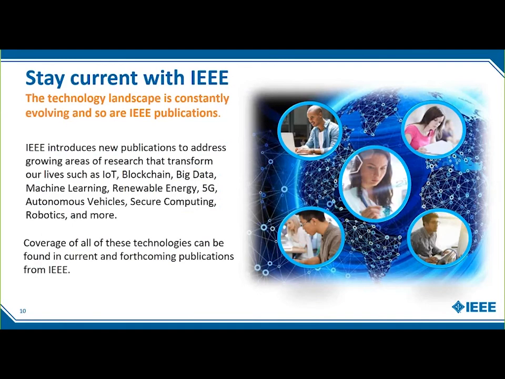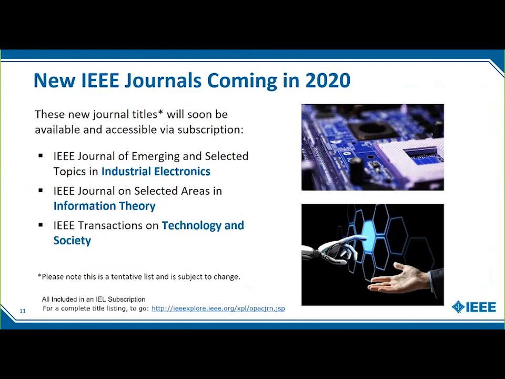Now, the technology landscape is constantly growing and evolving, and so IEEE is always introducing new publications to address these growing areas of research and emerging technologies. So this year in 2020, we have announced 3 new journal titles on industrial electronics, information theory, and technology and society.